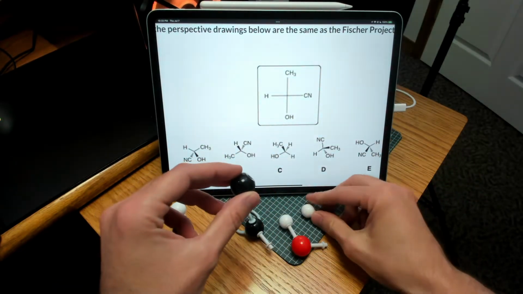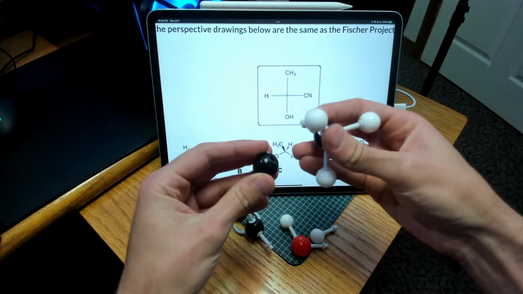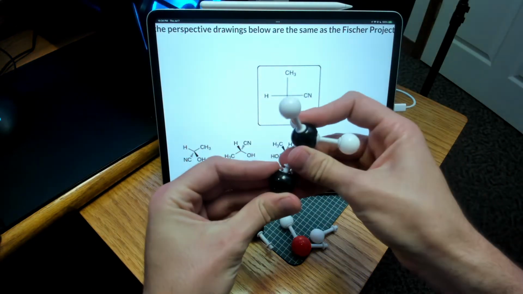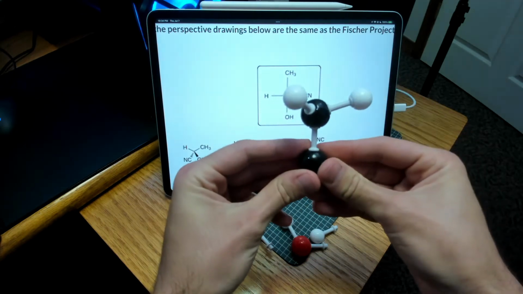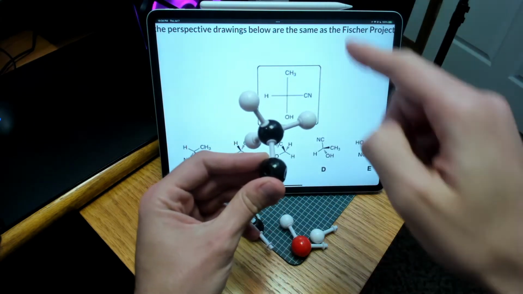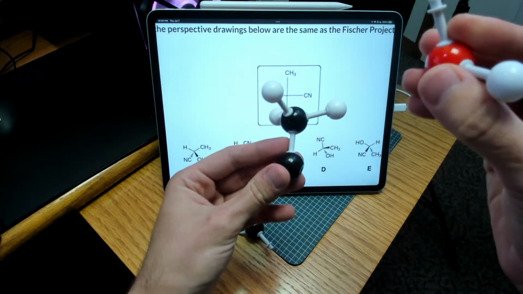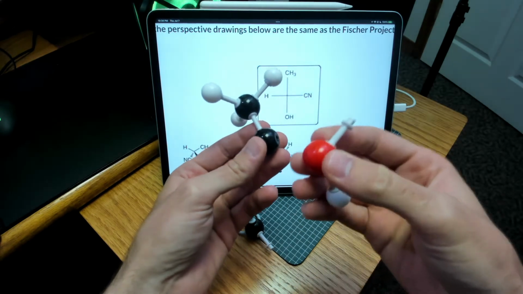So we're going to start with our carbon, and let's start up top, right? And literally you can put this anywhere. We're going to put our methyl group here. So we definitely know we want it pointing upwards, but we want it pointing away from us, okay? Now next we're going to put opposite of it our oxygen, our hydroxyl group.